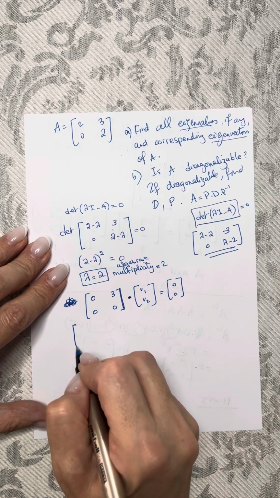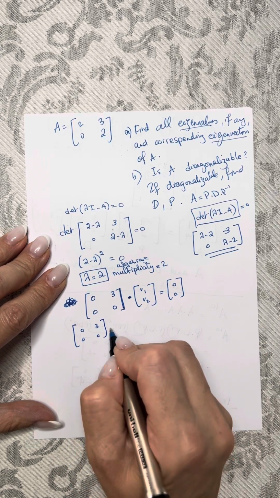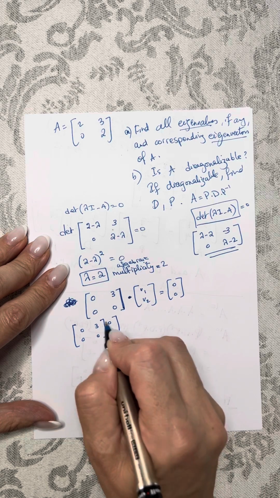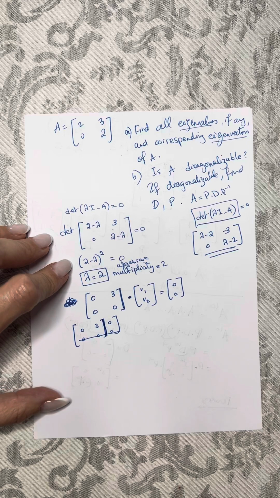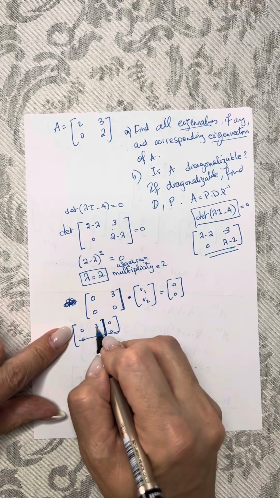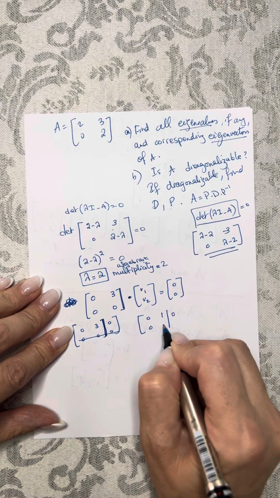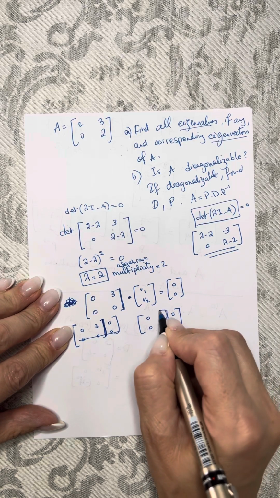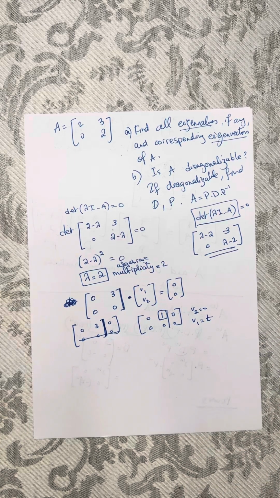So when I go to the augmented matrix, this is a redundant thing anyhow. If you notice, when you divide by 3 to get the reduced row echelon form, V2 has to be 0, but V1 can be anything it wants.